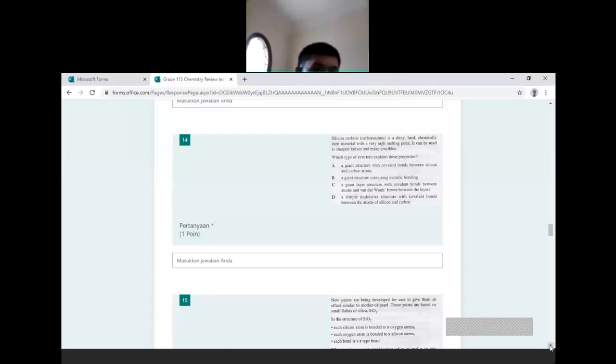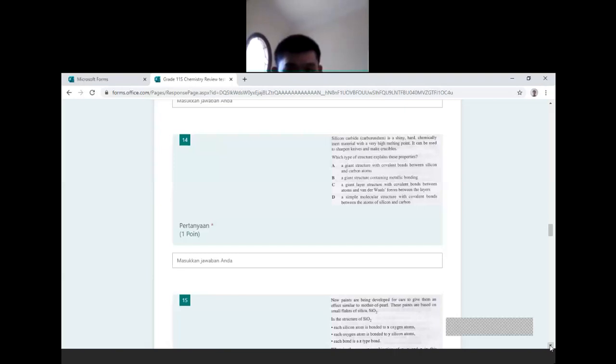A giant structure containing metallic bonding is incorrect because metallic bonding is the force of attraction between positive metal ions and the mobile negative electrons.